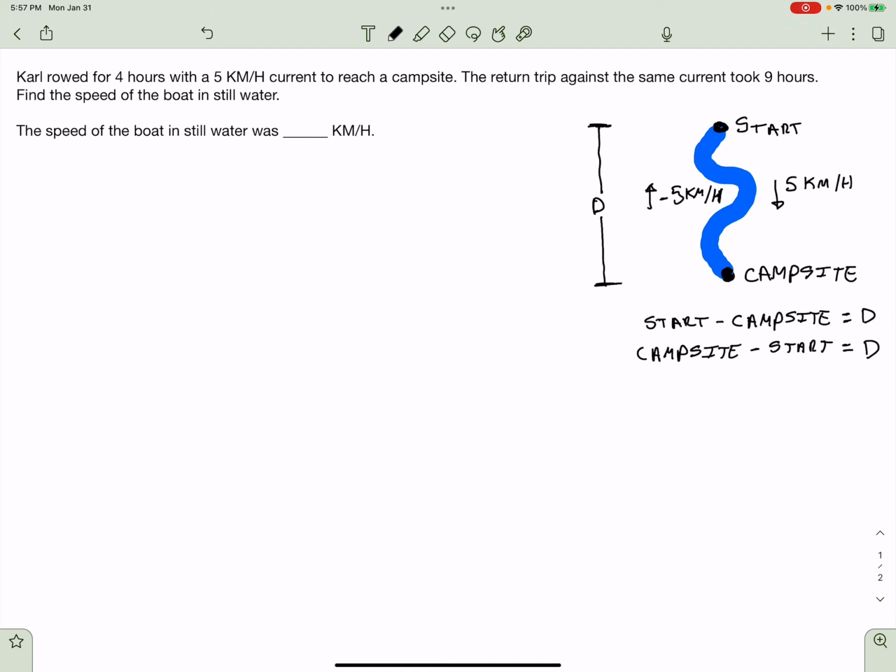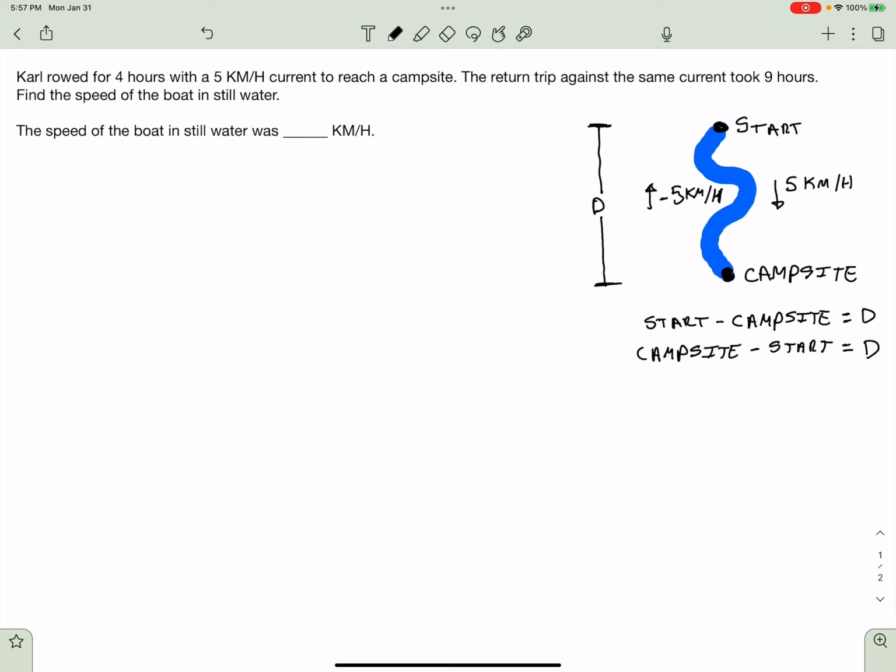These are the same length. Those are all really useful things to know here. So let's think about what we don't know. We know a lot. We don't know the distance, but we don't really need to know that. It helps us later on when we want to relate these two things together.